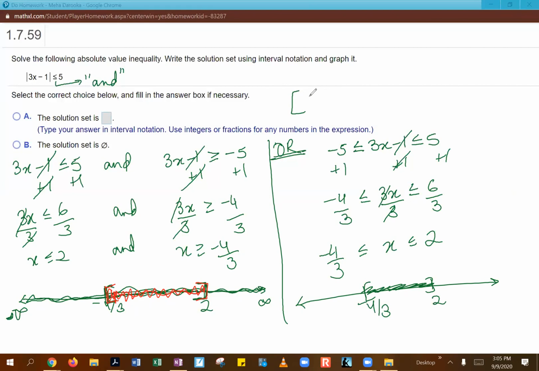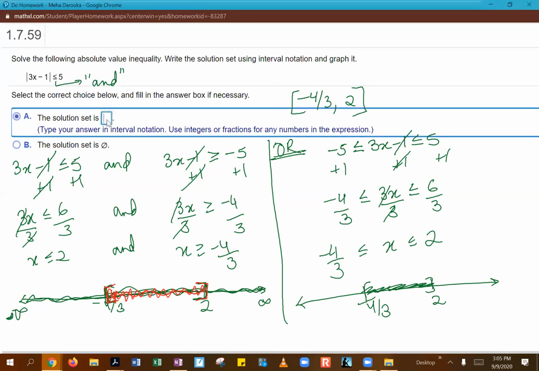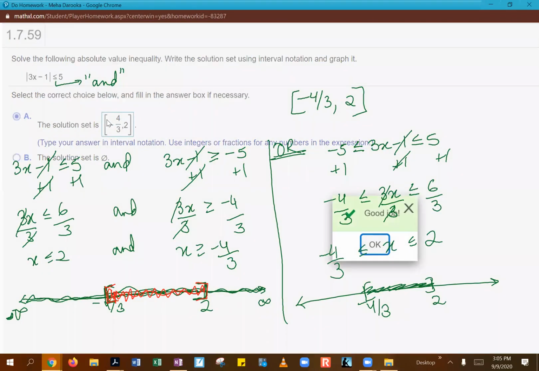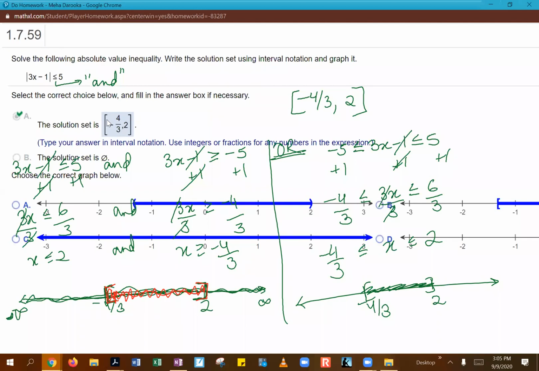So in the chat, negative 4/3 and 2 inside of your brackets. You know, pick whichever one you like the best and go with that. Three-part inequality or writing it with the word "and." So that's bracket negative 4/3, comma 2, and then close bracket again. Check your answer, and then let's do our graph.